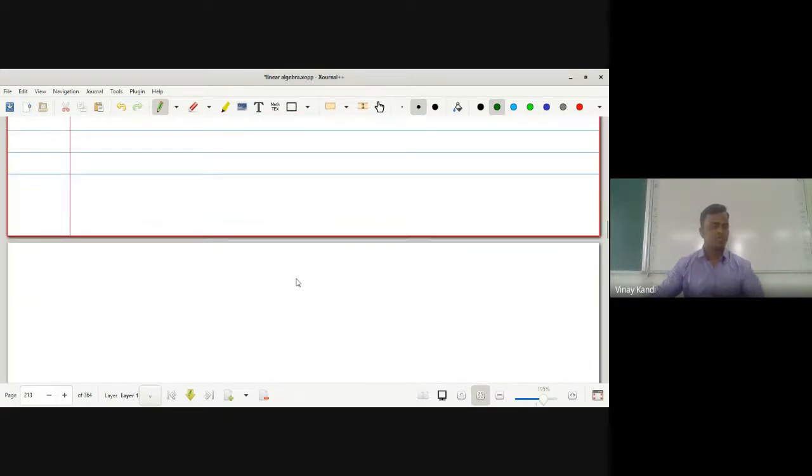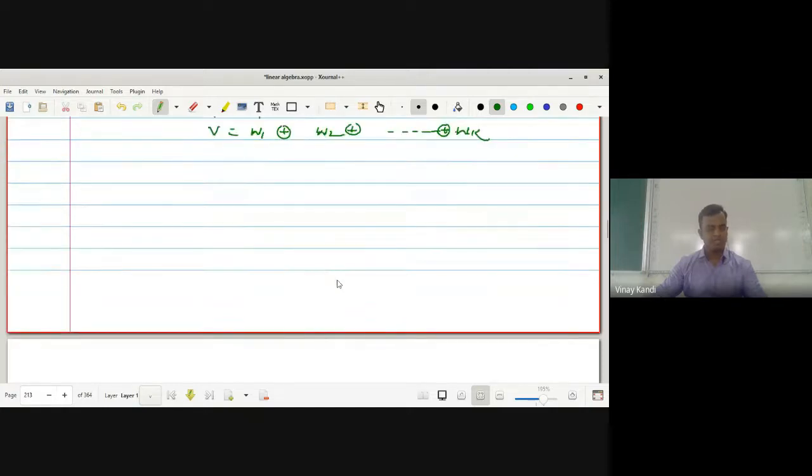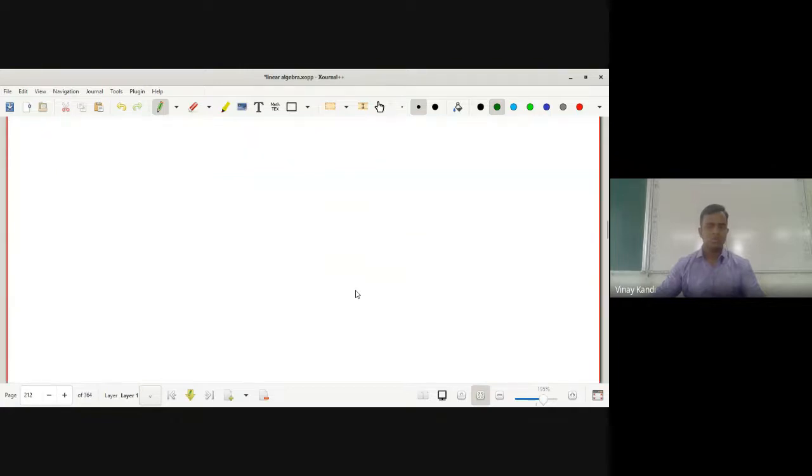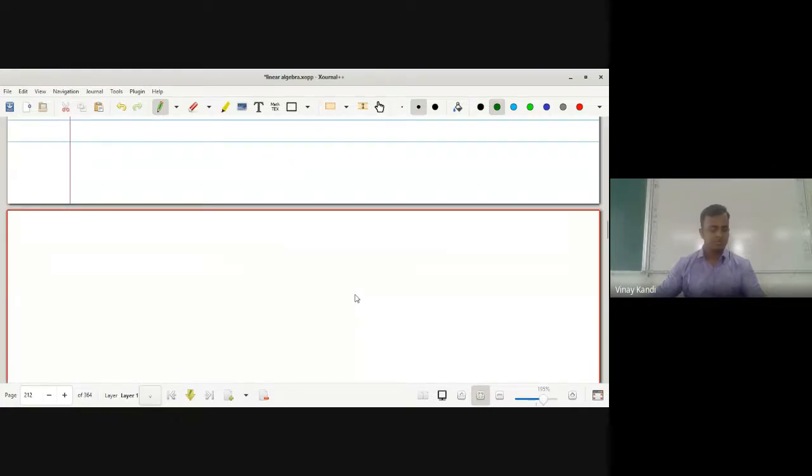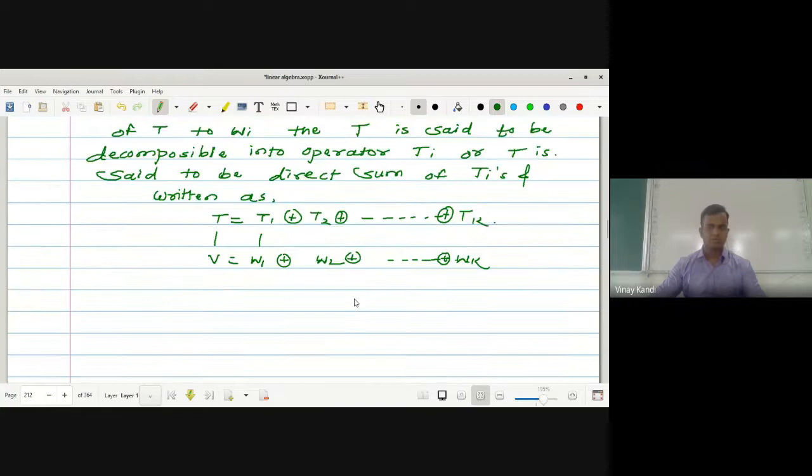Let T be the linear operator on a finite dimensional vector space V. Okay, and the minimal polynomial for T is equal to P1 raised to R1, P2 raised to R2, up to so on Pk raised to Rk. Okay, wait.